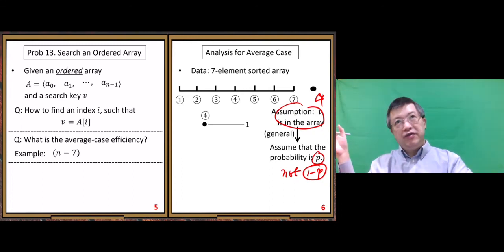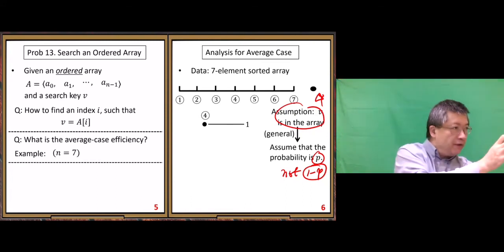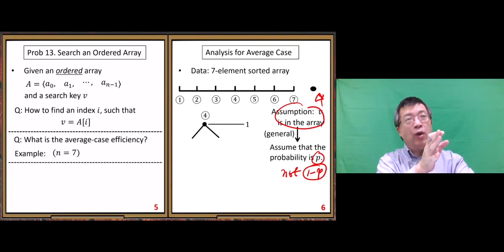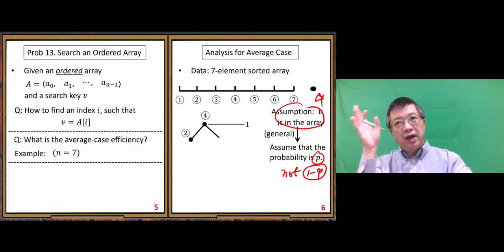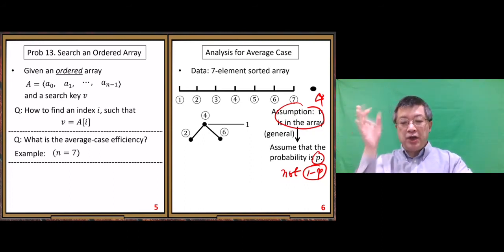If you move to the left, you compare with element number 2. If you go to the right, you compare with element number 6.